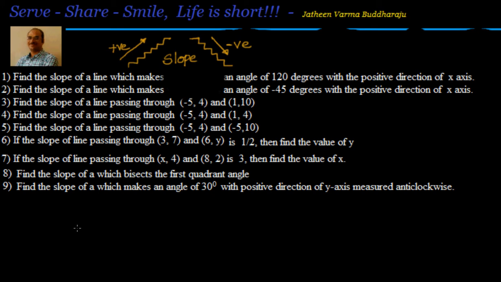The first one. Find the slope of a line which makes an angle of 120 degrees with the positive direction of x-axis. So how does it look? Let us say this is our x-axis and y-axis. This is the positive direction and this is the positive direction. It's making an angle of 120 degrees with the positive direction of x-axis.